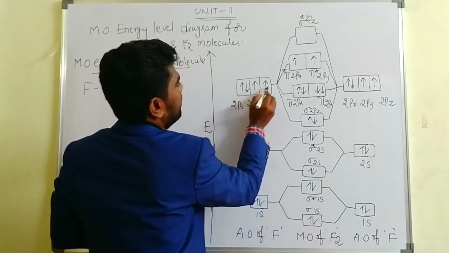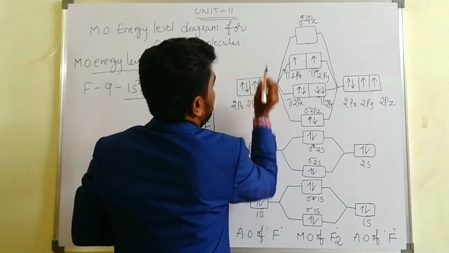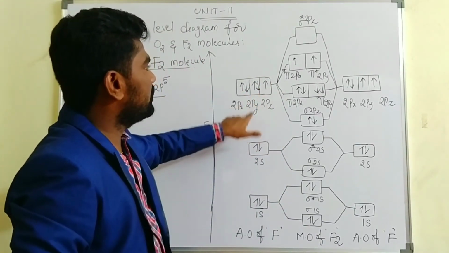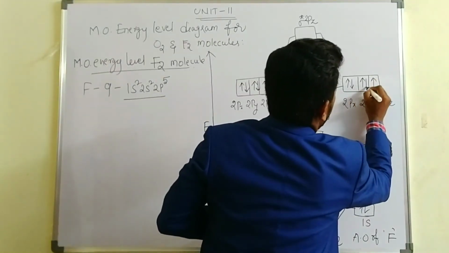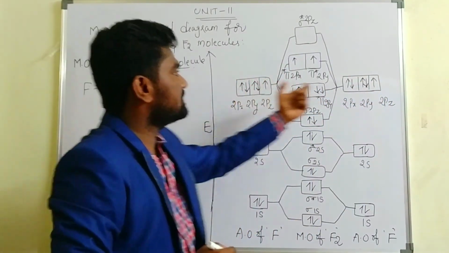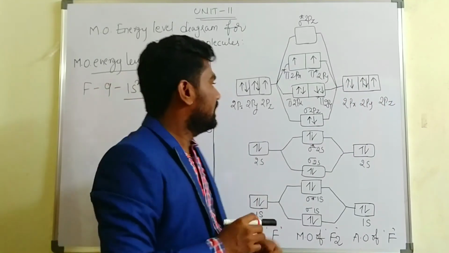Here we have written 4 electrons, so we are going to add one more electron, isn't it? 2px2, 2py2, 2pz1. In the same way, here also we add one electron. Total 5 electrons plus 5 electrons, total we have 10 electrons here, isn't it?